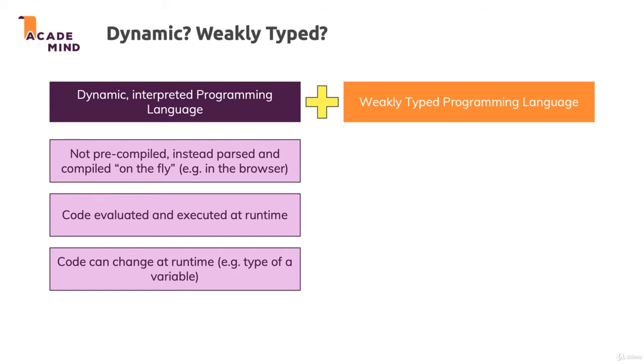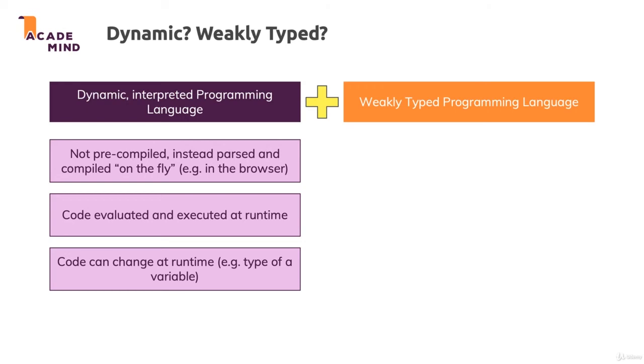For example, switching the data of a variable other programming languages are not allowed to do. Now, it's not necessarily good to switch the type of data dynamically or unexpectedly, but you can do that. The main takeaway, however, is the on-the-fly compilation and interpretation.